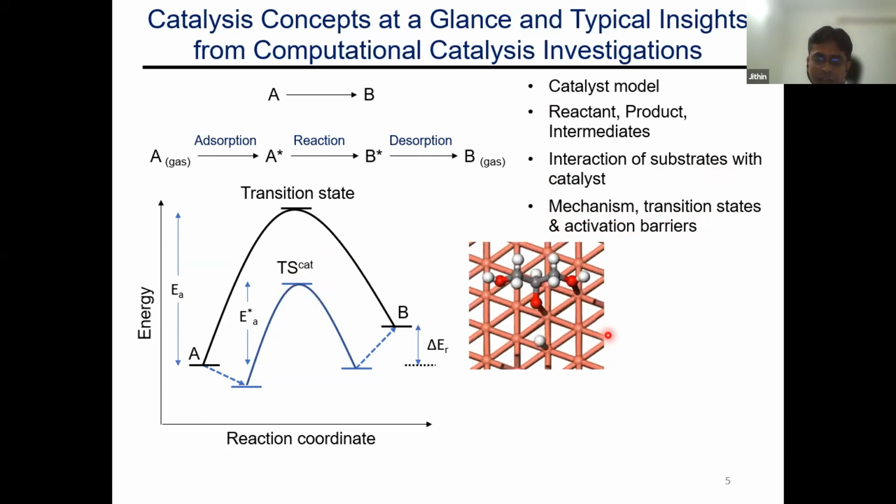So this particular animation that you see is just to showcase some of the kind of things that we can do. What you see in the peach color is a representation of a copper catalyst, these peach color balls that you see. This species is a molecule, glycerol, which is my reactant, so to speak.